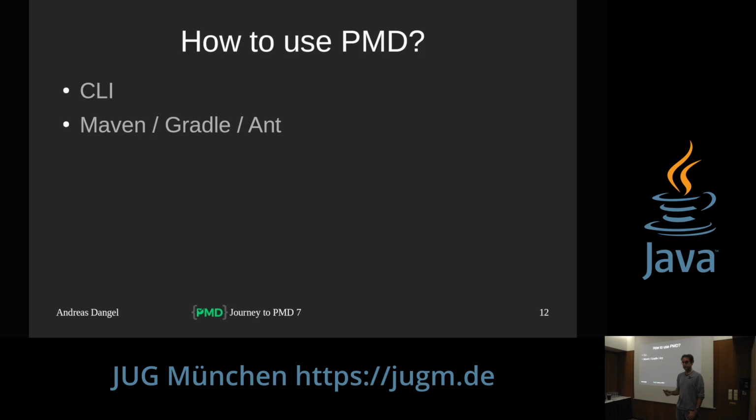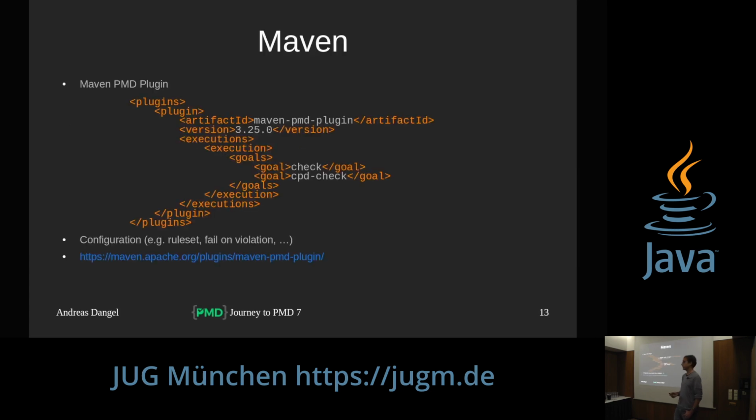And we have a GitHub repository with some starter projects to get you started, where you can just look at how you edit. As an example, I have here the Maven configuration. It looks like this. You just add the Maven PMD plugin. And with 2 goals, or at least 1 goal, the first goal will then execute PMD and verify that you have no violations.